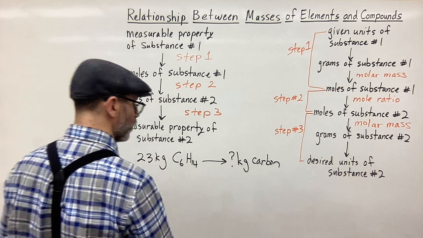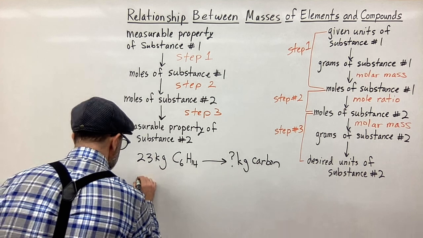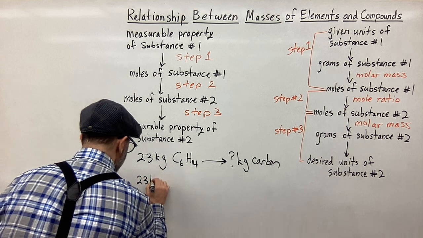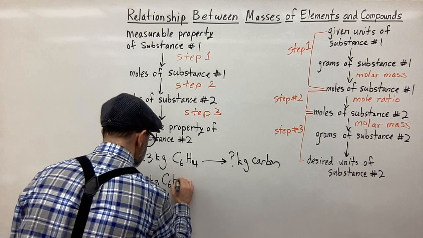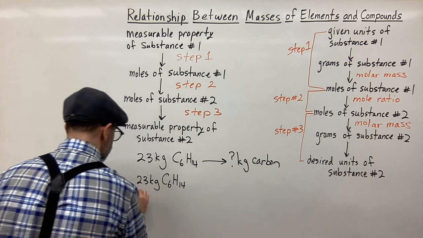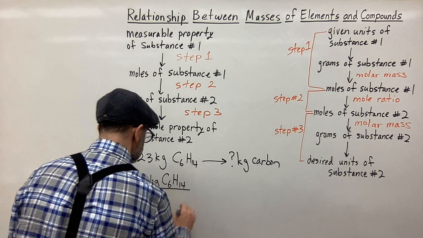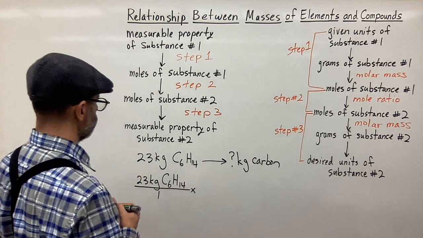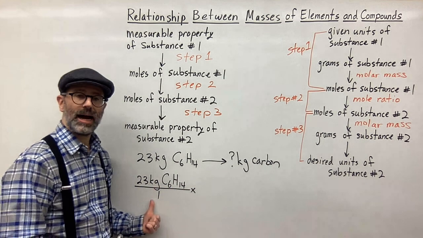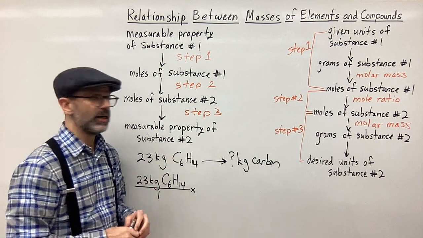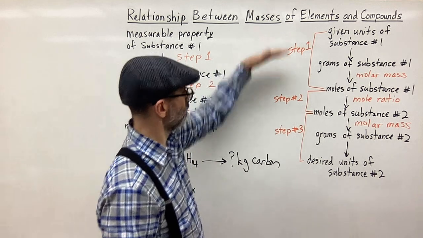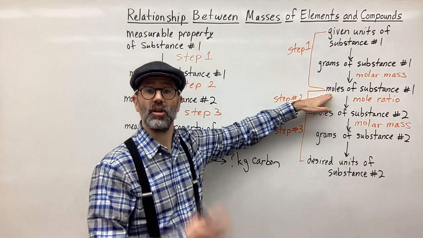So I start with 23 kilograms of hexane, C6H14. Step number 1, I have kilograms and I need to get to moles. That's my first goal: moles of my first substance.